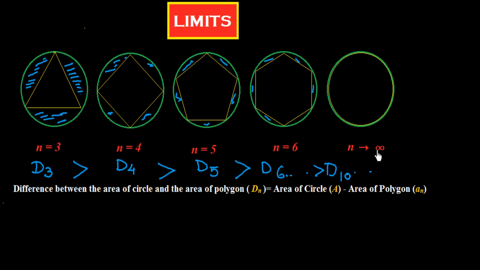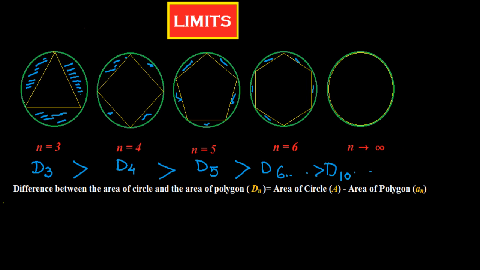We cannot reach infinity, but we approach infinity. So if n tends to infinity, the area of the polygon should equal the area of the circle, because the number of sides is approaching infinity. Then the area of the circle and the area of the polygon are the same, and the difference would be 0.